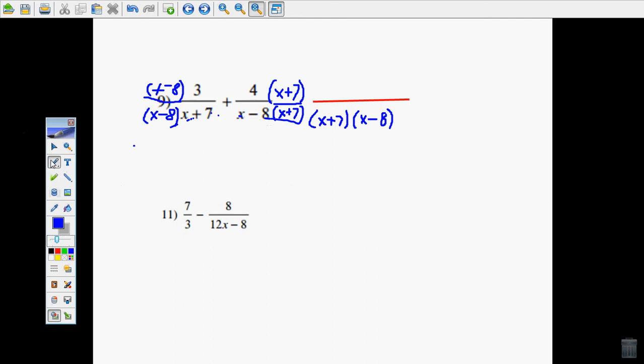Sorry about that. Okay, anyway, for the numerator, I have x minus 8 times 3 here, so I'm going to make it 3x minus 24. That will be my numerator of the first, and then plus 4x plus 28.